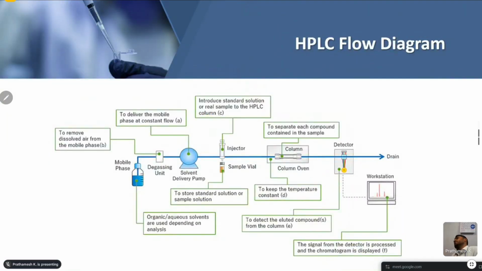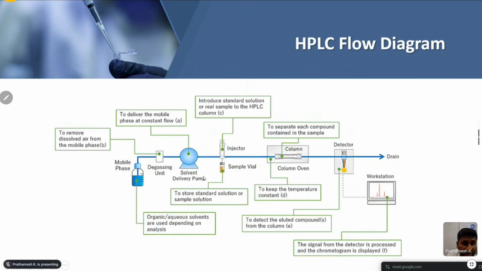A flow diagram. As I mentioned, HPLC is high pressure or high performance liquid chromatography. The pressure is around, if I'm not wrong, 400 to 600 bars. So what is happening here? This is the detailed flow structure. Here comes the mobile phase. Most important is a degassing unit. Basically, no gas is supposed to enter the column because it affects your interpretation in the end.